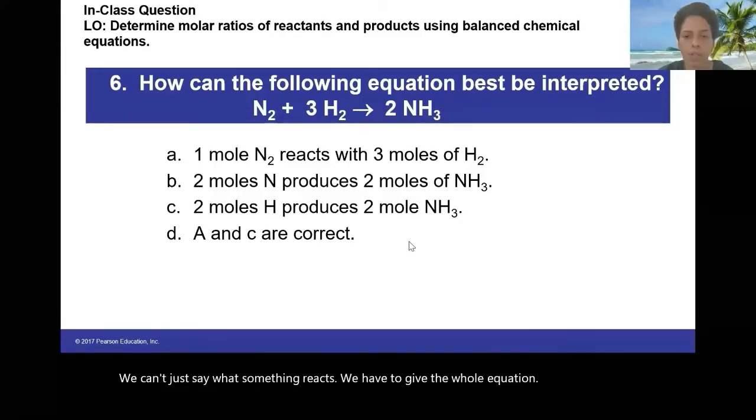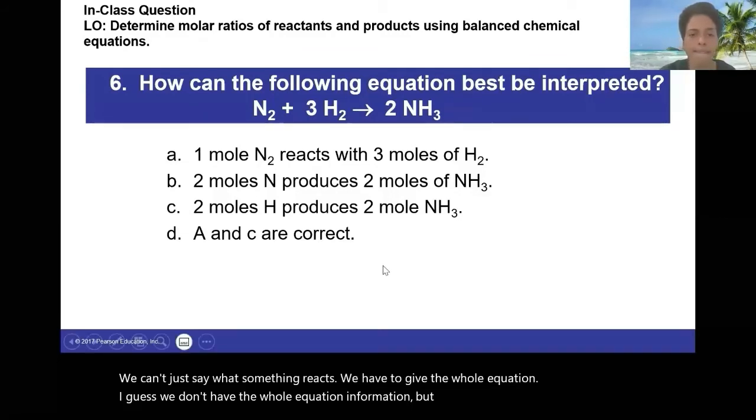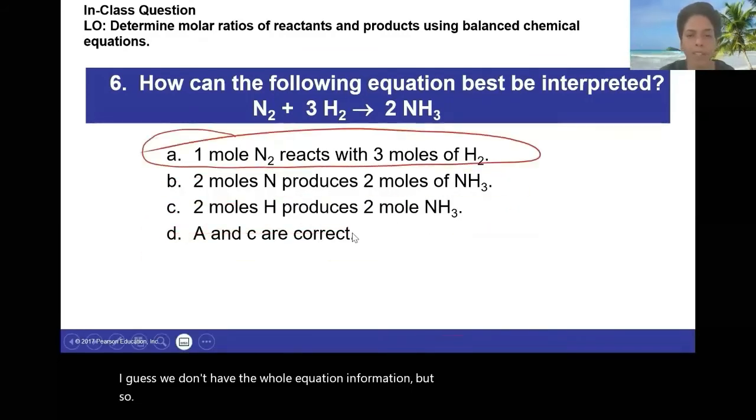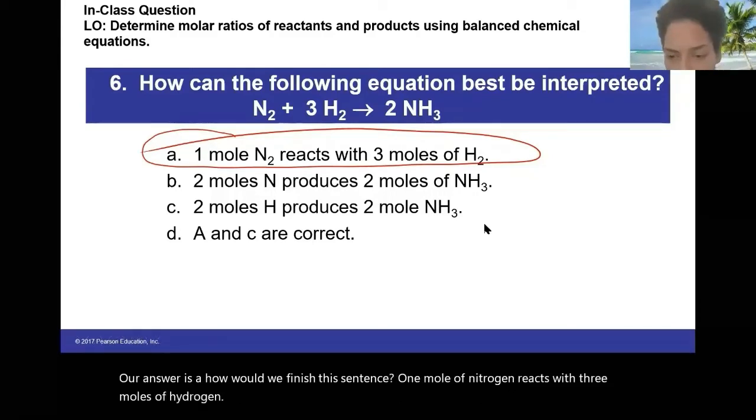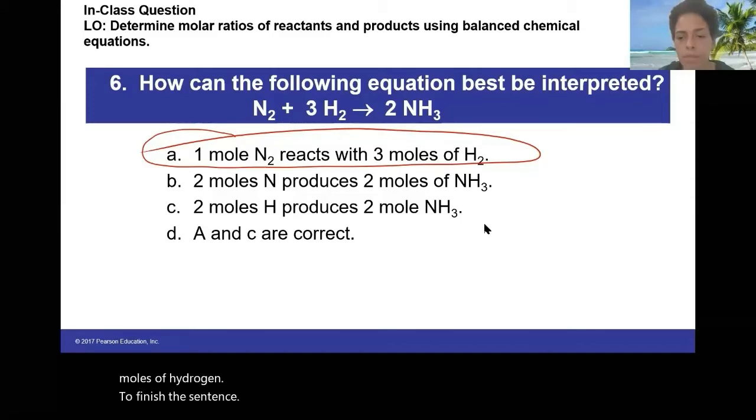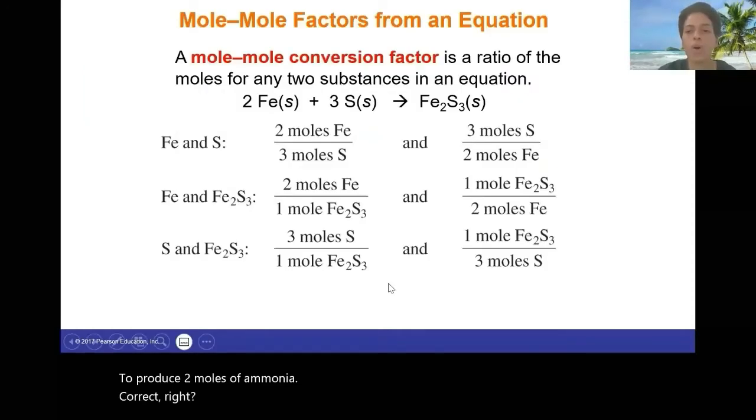Well, I guess we don't have the whole equation information, but our answer is A. How would we finish this sentence? 1 mole of nitrogen reacts with 3 moles of hydrogen to produce 2 moles of ammonia. Correct, right?